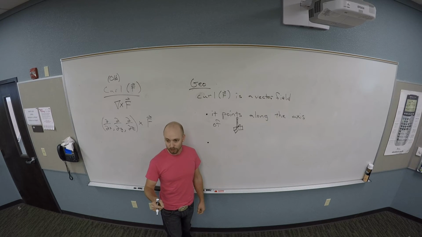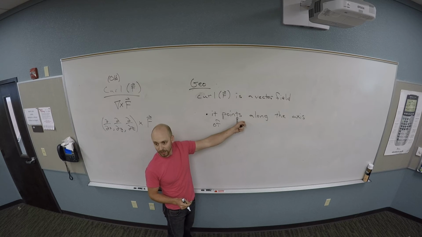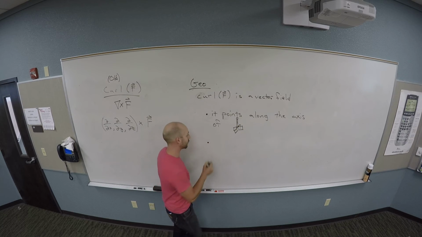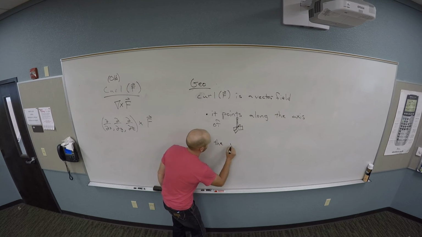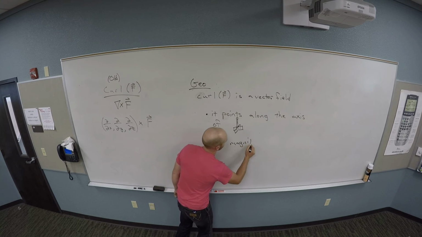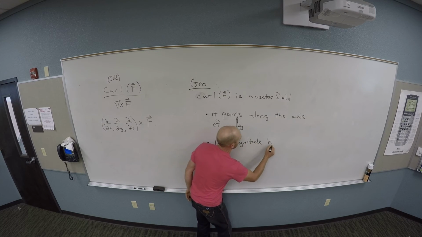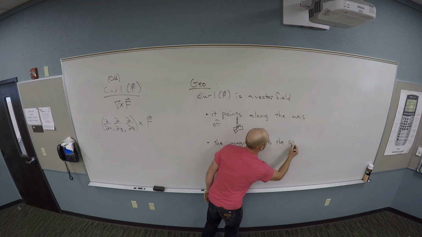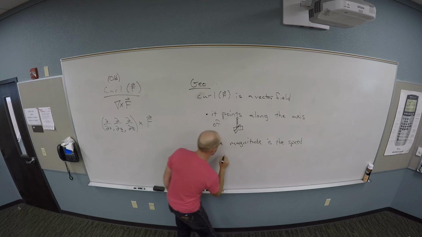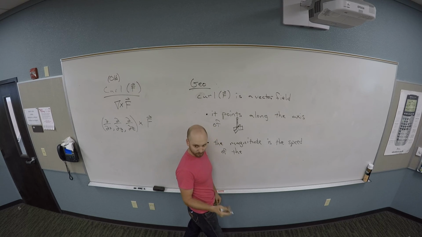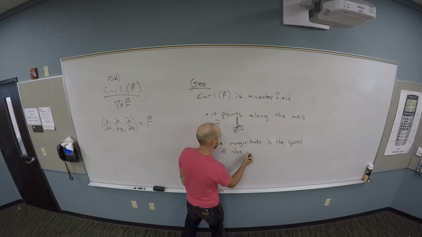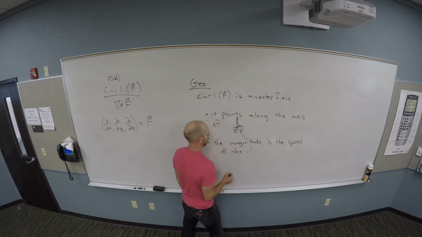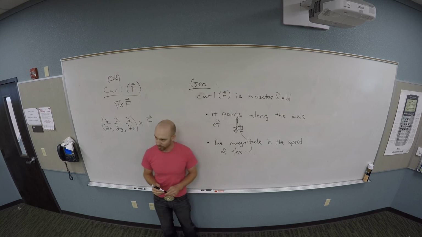It's got that rotational axis pointing along this guy. And then the speed is going to be the magnitude of the pinwheel deal. Cool. So there's your geometry. Questions, things?